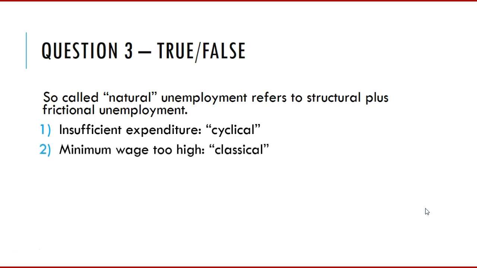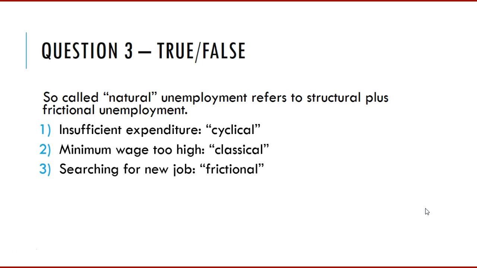There's what's sometimes called classical unemployment, which is caused by the minimum wage being too high. That minimum wage could be a legislated minimum wage, or it could be an effective minimum wage, which is due to the bargaining power of strong unions.